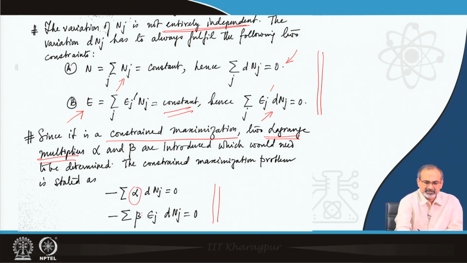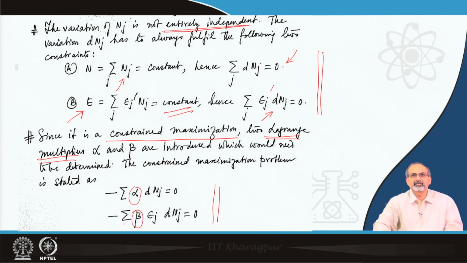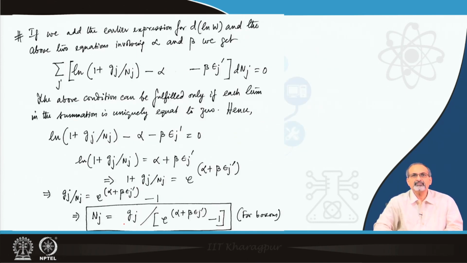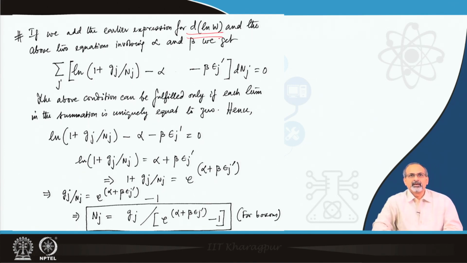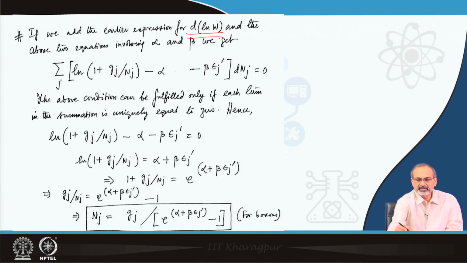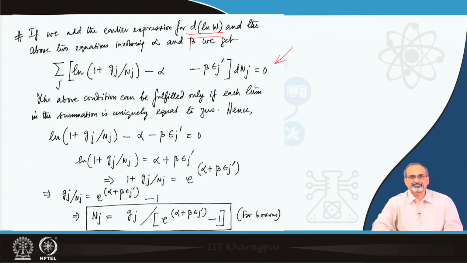So, here is the first, here is the second Lagrange multiplier introduced into those constraint equations. The next step is you add the earlier derived expression for d of log W with the above 2 constraint equations with the alpha and beta introduced in those equations, and then you finally derive an equation which looks like this. So, this is the final form with the Lagrange multipliers introduced.